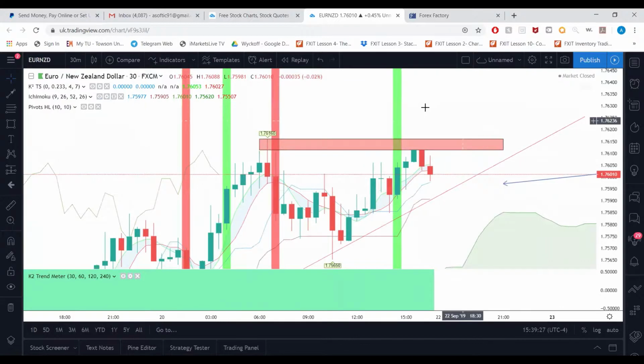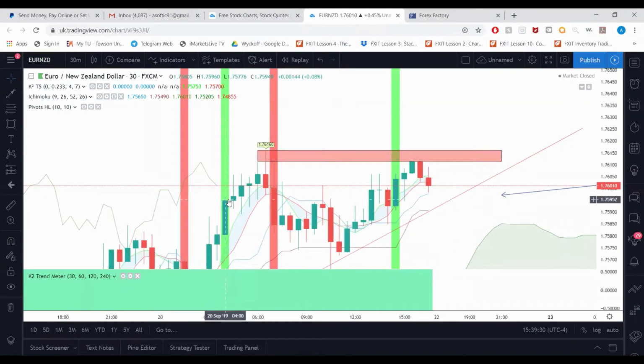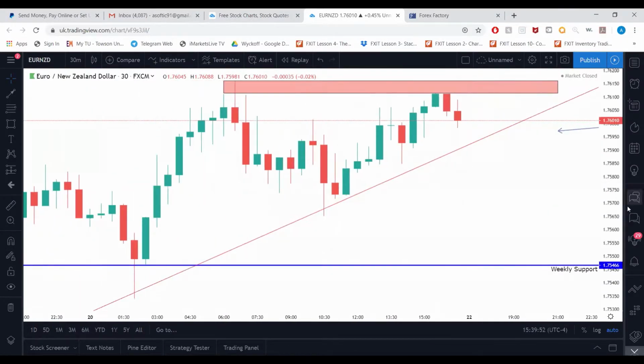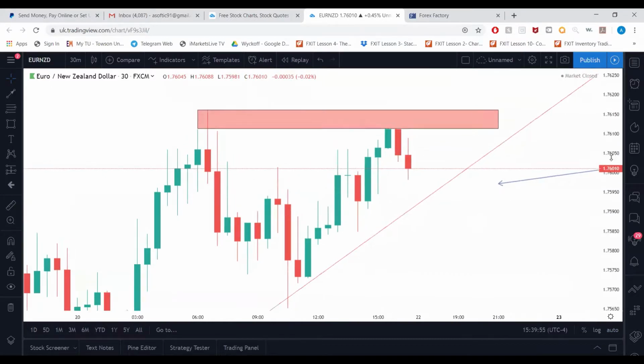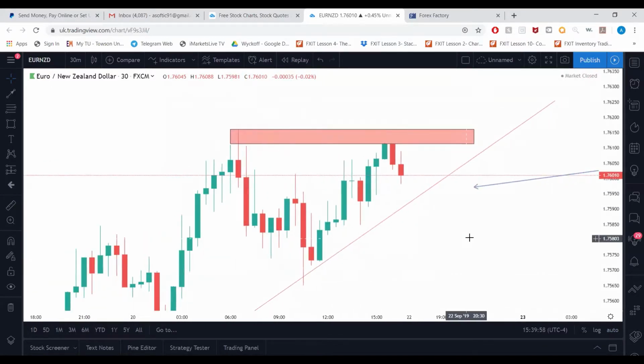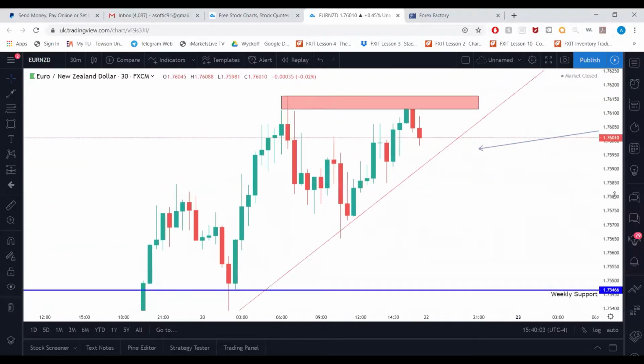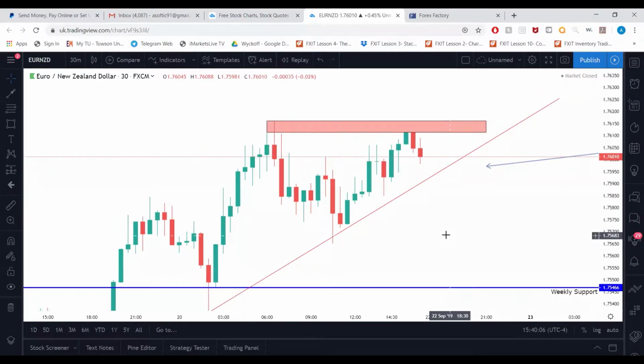If you only trade K2, you wait for the buy signals right here, verified with the trend, bullish candle inside, and you catch 20 pips right there. If you are confused or you need more explanation about K2, let me know. We can set up a session for that, but all the videos and explanations are already on the K2 YouTube channel, and Sean explains it even better than me.